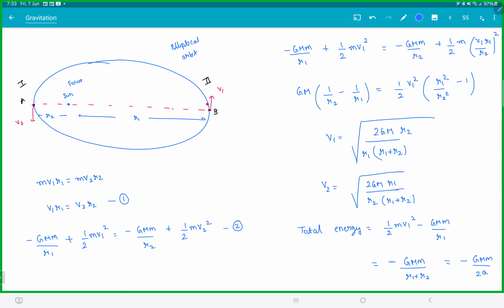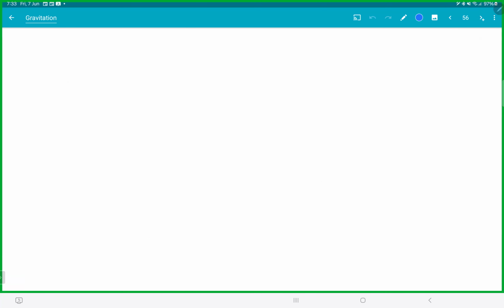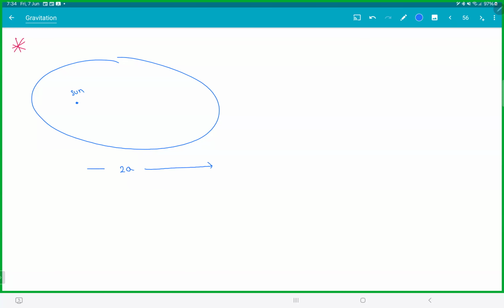It is independent of the minor axis, meaning you take any kind of ellipse, the energy depends only on the major axis. I'll just put it in the next page. So if you have an ellipse, and this is 2a.